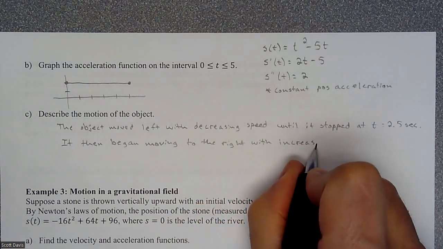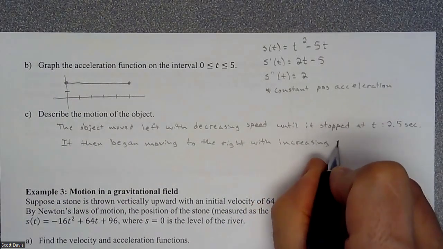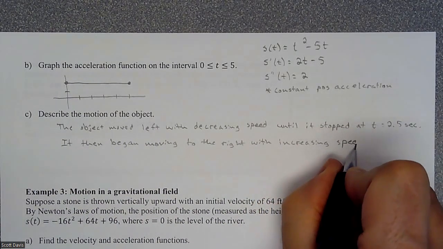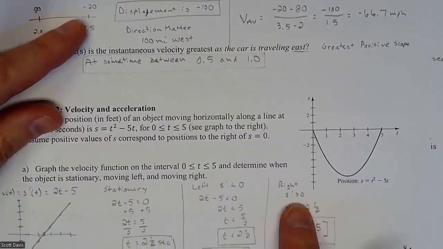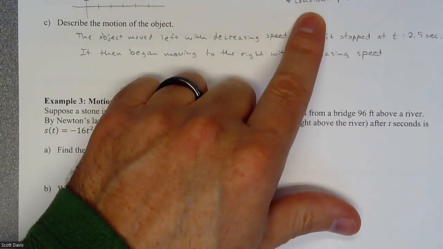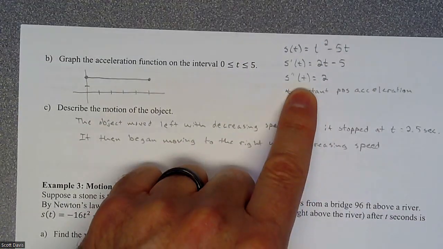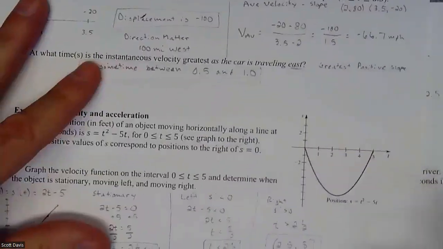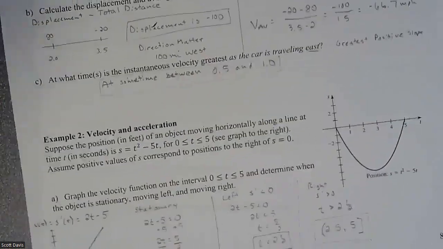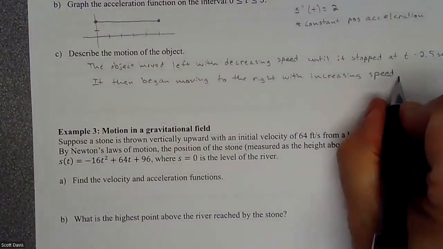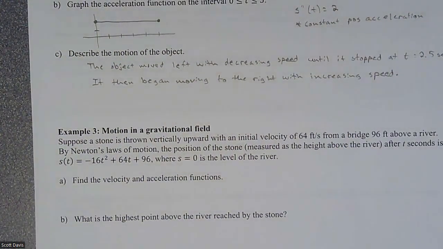And again, that has to do with the fact that when you start moving to the right, we had positive velocity. And then not only did we have positive velocity, but we had positive acceleration. Positive acceleration with positive velocity means you're going to be picking up speed. So that lines everything all up, agrees with our graph, and hopefully all makes some sense.